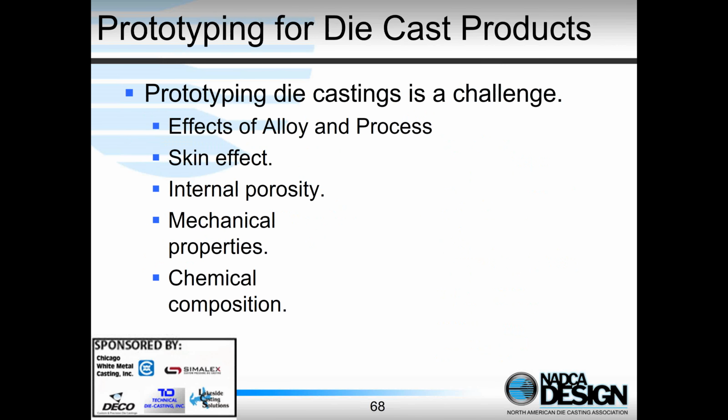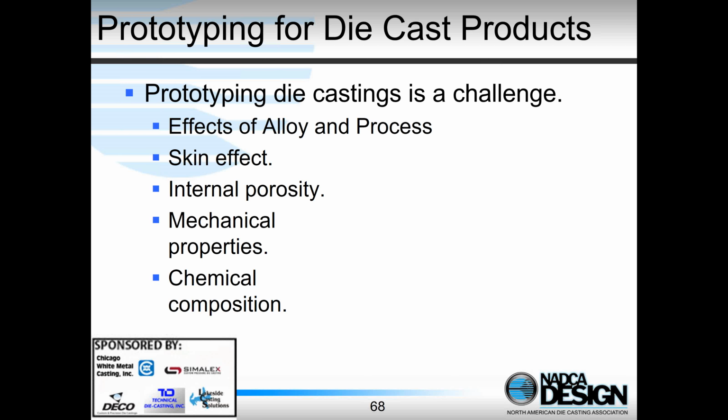Then the last thing I want to talk about is prototyping of die castings. Prototyping die castings is quite difficult if we're looking at simulating functional performance. If we just want shape, then that's easy, but if we're actually trying to work out how well the die casting will function in a certain performance, it's often difficult to capture all the aspects of the die casting.